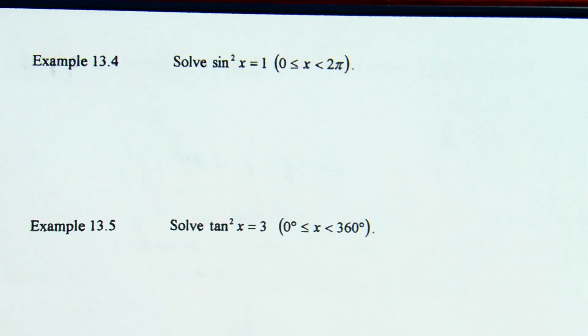Okay, solve sine squared x equals 1 on the interval from 0 to 2 pi. So again, all 4 quadrants are eligible, right? One answer per quadrant depending on the situation. How do we solve sine squared x equals 1?